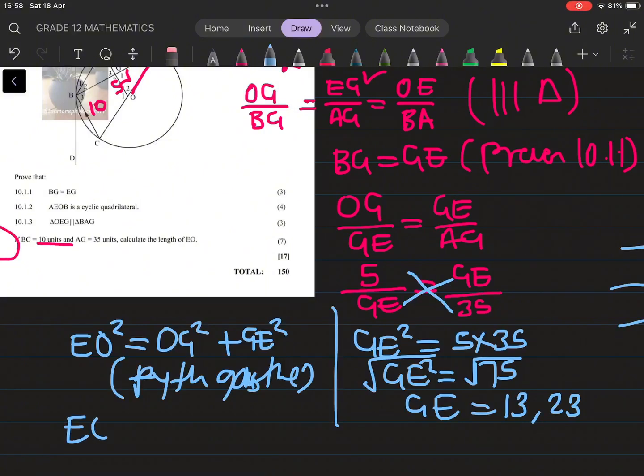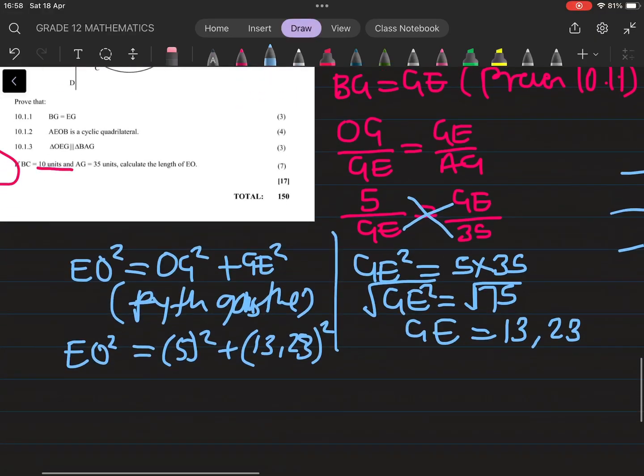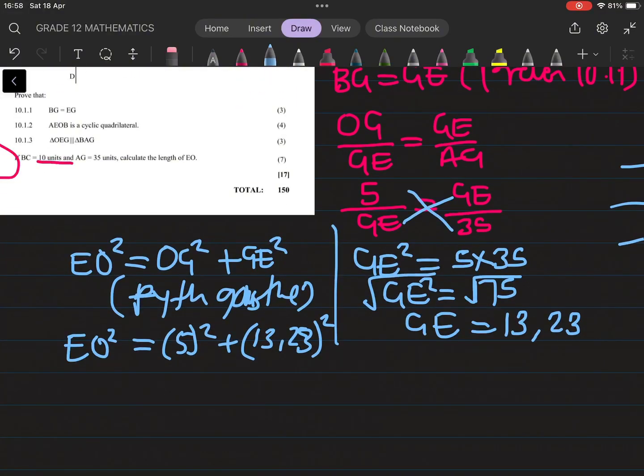Now, OE squared is equal to OG, that is 5 units, squared, plus 13.23, that is GE, squared.